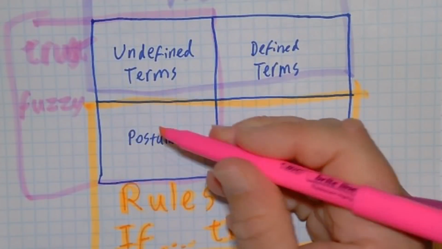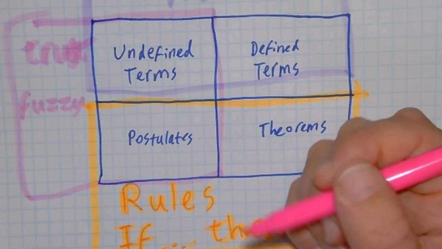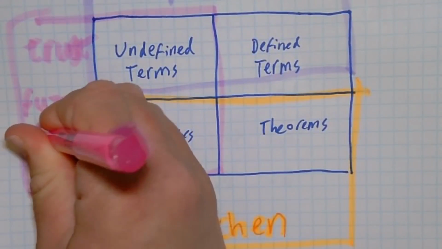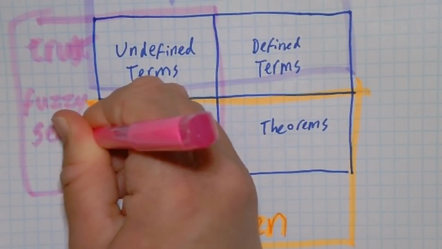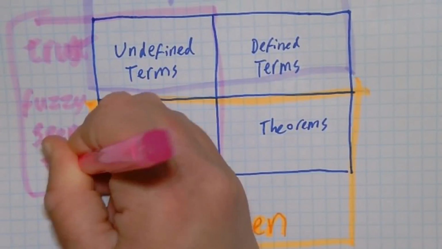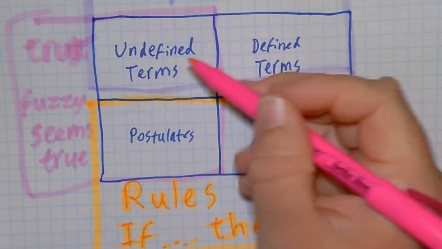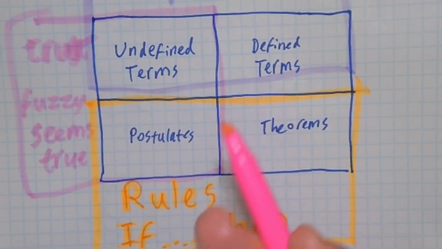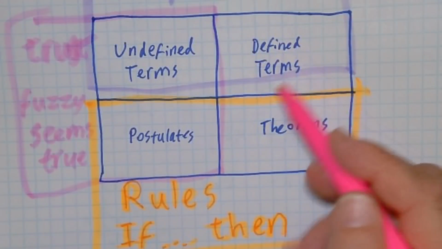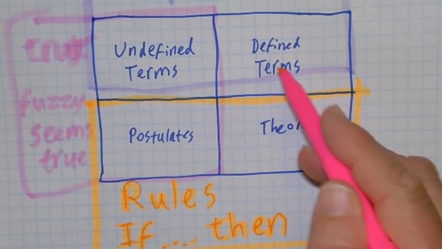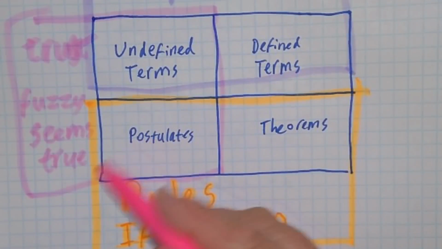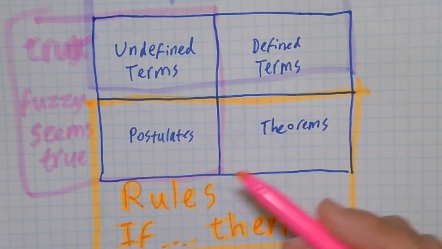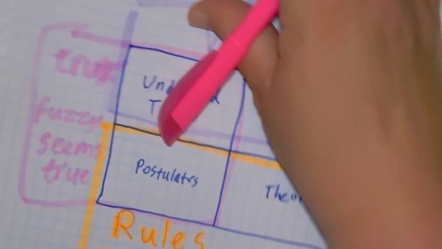We can't prove it. We just feel strongly that it's probably true. Seems true. We used less specific definitions for these. These are the ones we used the general, that's how it works words rather than defining them using those undefined terms and other defined terms. These are the ones we go, I just feel the world works that way. We're going to assume it and move on. So I guess another way to put this would be assumptions.